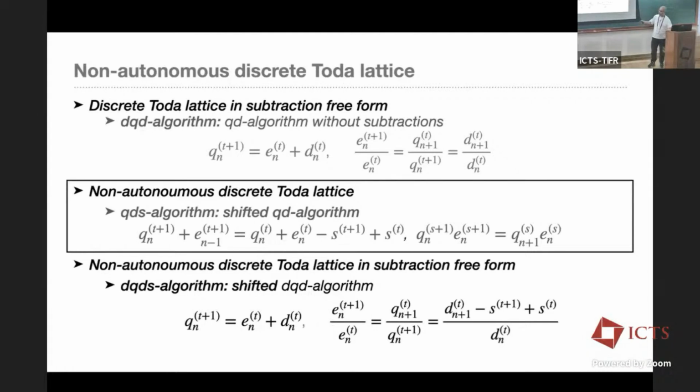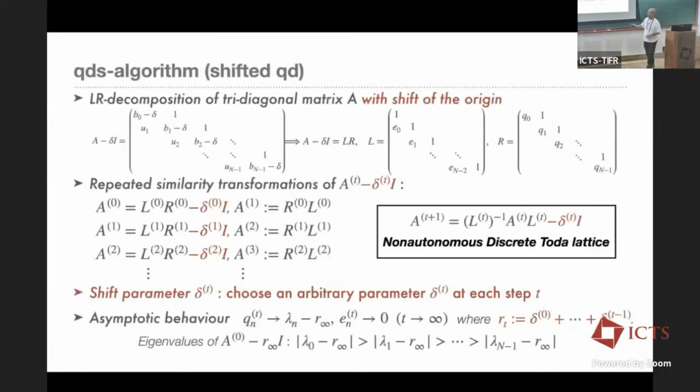In this case also, we have a corresponding subtraction-free form, but here we mostly show how this shift parameter plays a role. As you saw in the previous session, this discrete Toda can compute the corresponding eigenvalues of a tridiagonal matrix. But here we introduce some new parameter delta. This is a shift parameter.